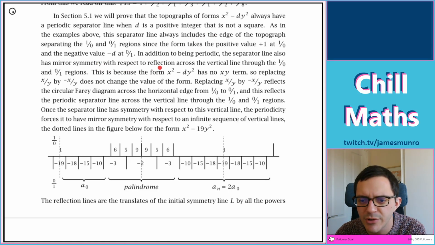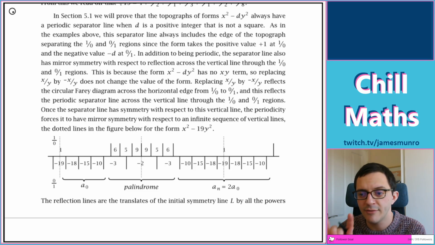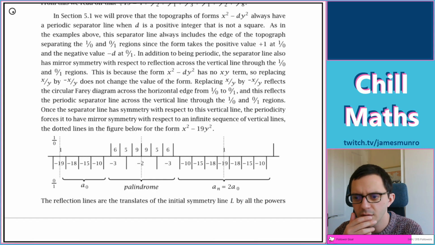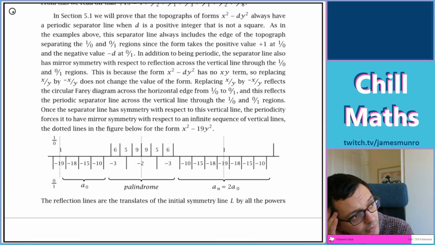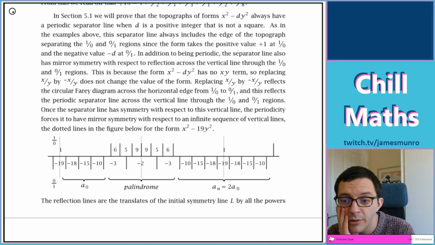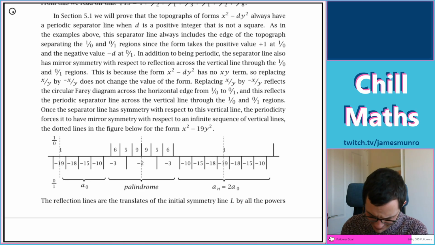Has mirror symmetry with respect to reflection across the vertical line through the 1, 0 and 0, 1. Oh, left, right. Left, right symmetry. Oh no. Oh no. Okay. See this palindromic thing going on, which is the thing we're trying to understand. Right, okay, but it's in sentences.